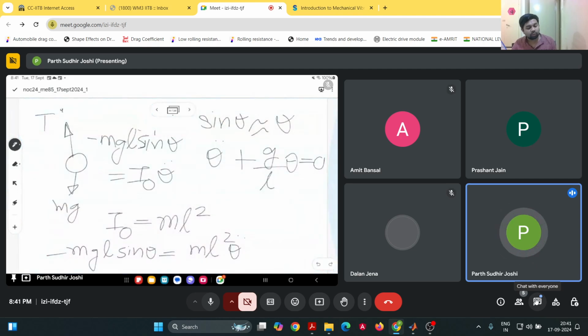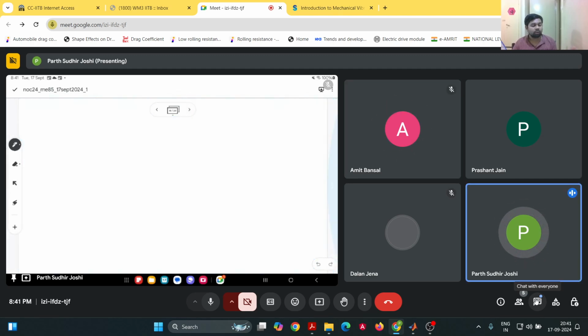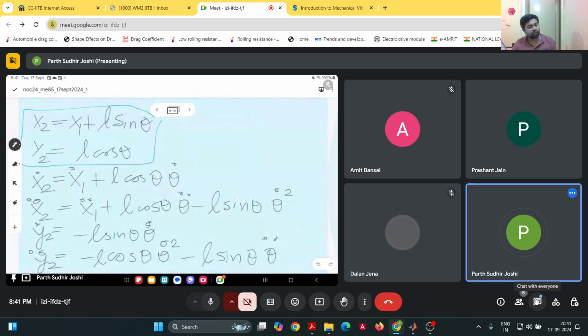Now there will be no x1, since the motion of the pivot is not there. So x1 will be 0. The x coordinate of the center of mass is basically fixed, since the pivot point is fixed. Then x2 will be just L sin theta and y2 will be L cos theta. Just differentiate it and we will get the same equation of motion.